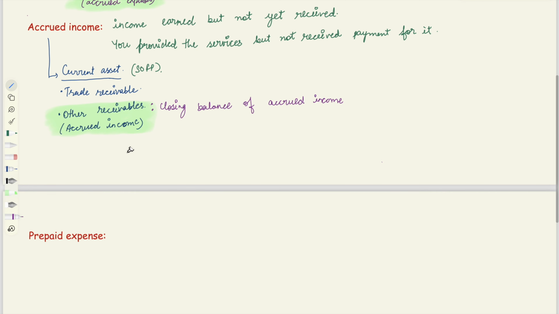Now we have learned how to put it in our statement of financial position. Next thing is to learn how to put it in statement of profit or loss. Statement of profit or loss will be including the same thing as we did in accrued expenses.